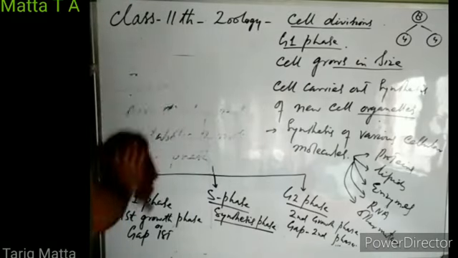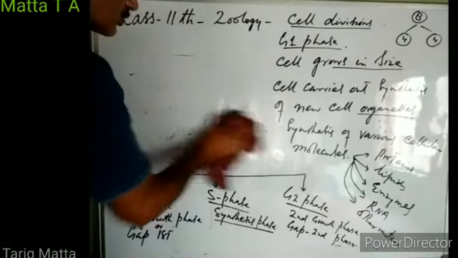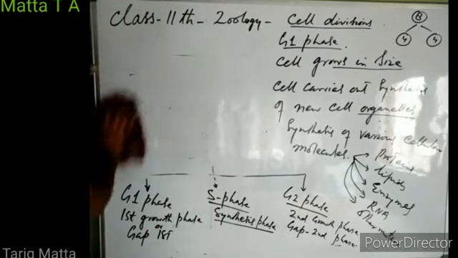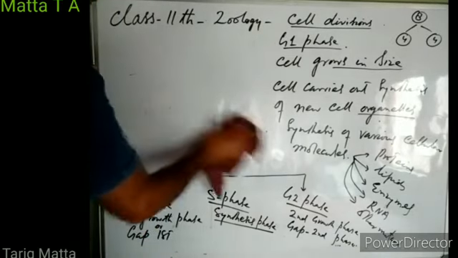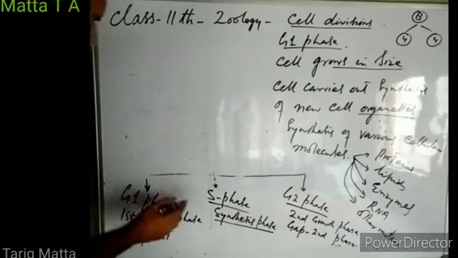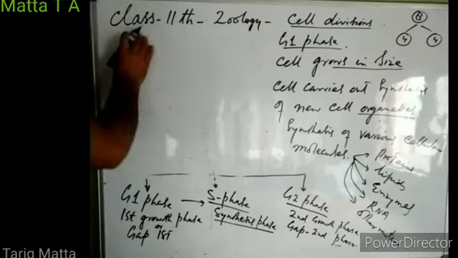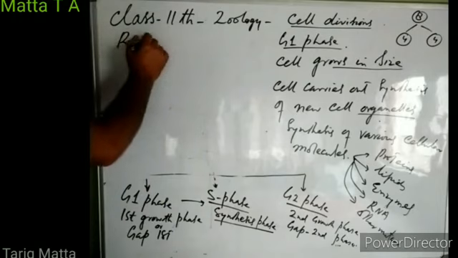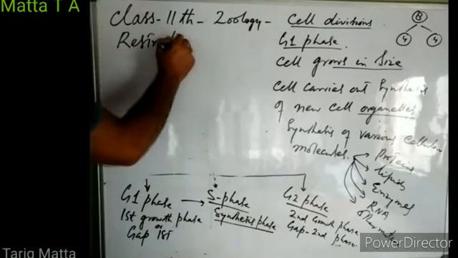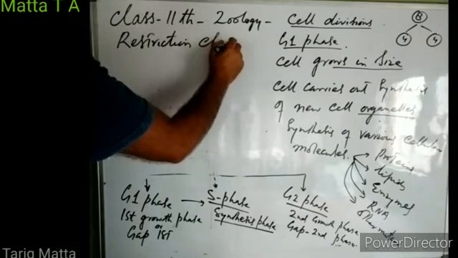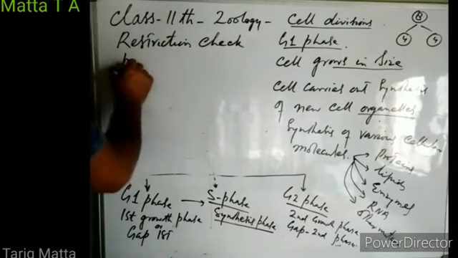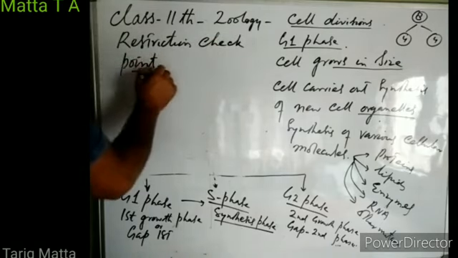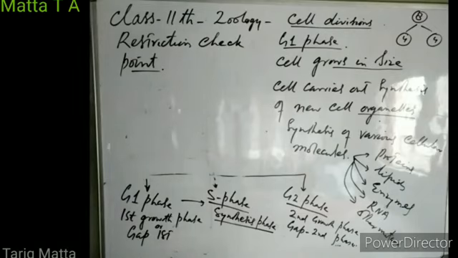a checkpoint operates here. That checkpoint is known as a restriction checkpoint. Before the cell proceeds into S phase, it has to pass through this checkpoint. At this restriction checkpoint, a series of enzymes is produced.